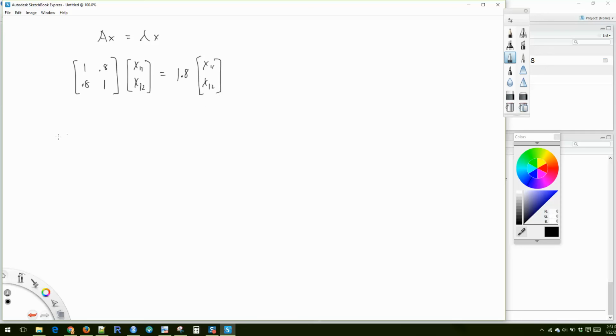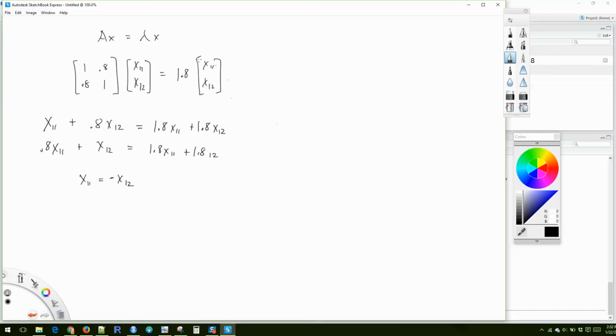This is just solving a system of equations: x11 plus 0.8 x12 equals 1.8 x11, and 0.8 x11 plus x12 equals 1.8 x12. If you solve this, we end up getting x11 is equal to the negative of x12.